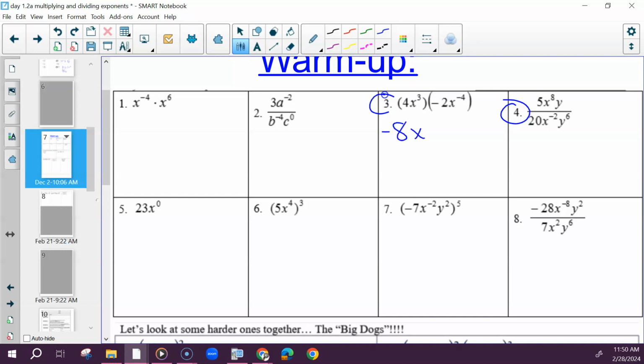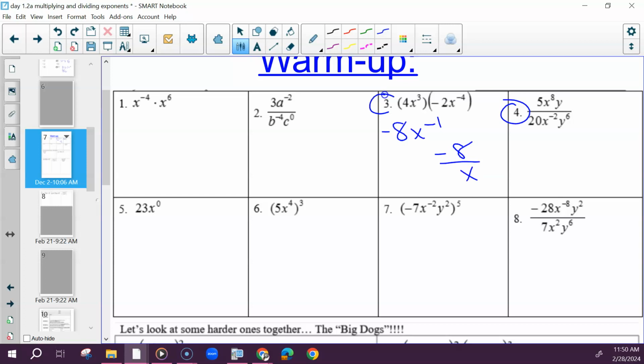If we add the exponents, what would that new exponent become? -1. Would this be my final answer? No. How could I change this? Negative. Flip it. -8 over x. So we have -8 over x or x to the first, either or.